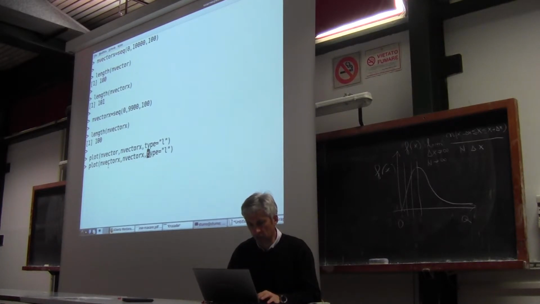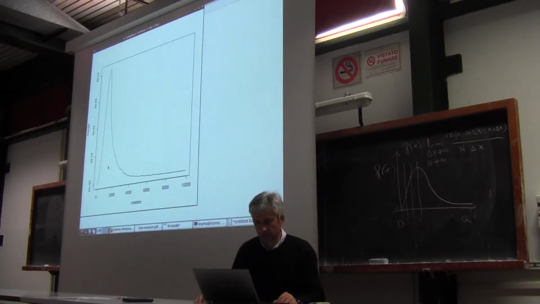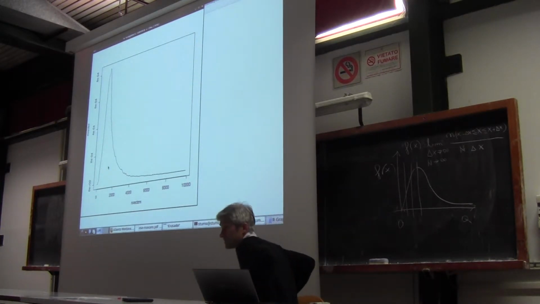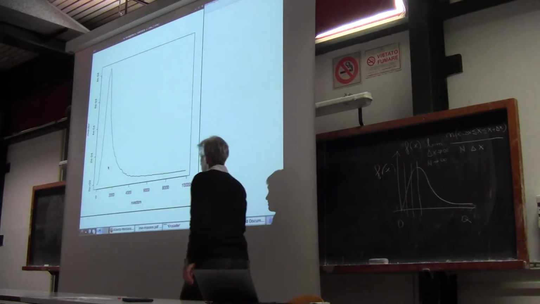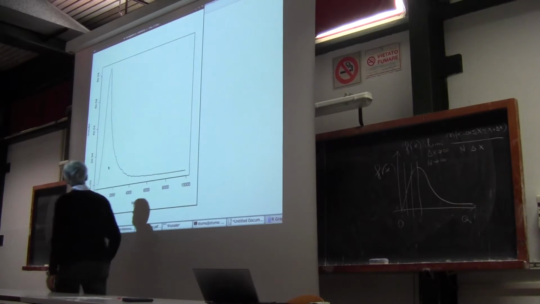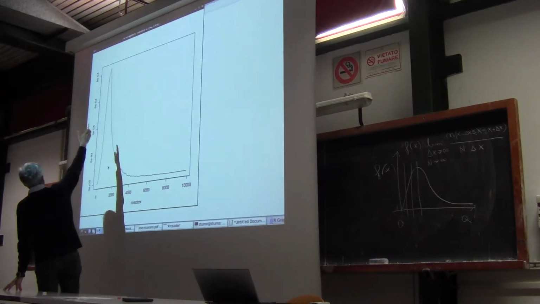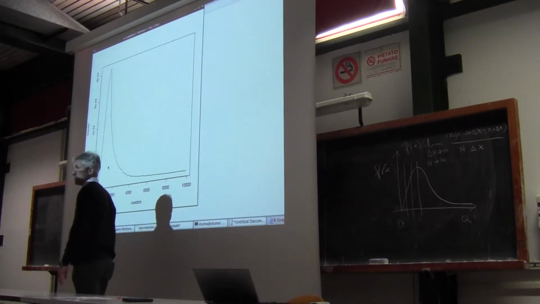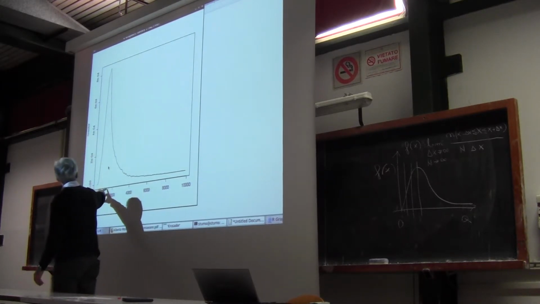The plot instruction wants the abscissa first. And you see that what I got is indeed what I was expecting. It's a perfect probability density with the long tail on the right, which says that the maximum density is around 1000.